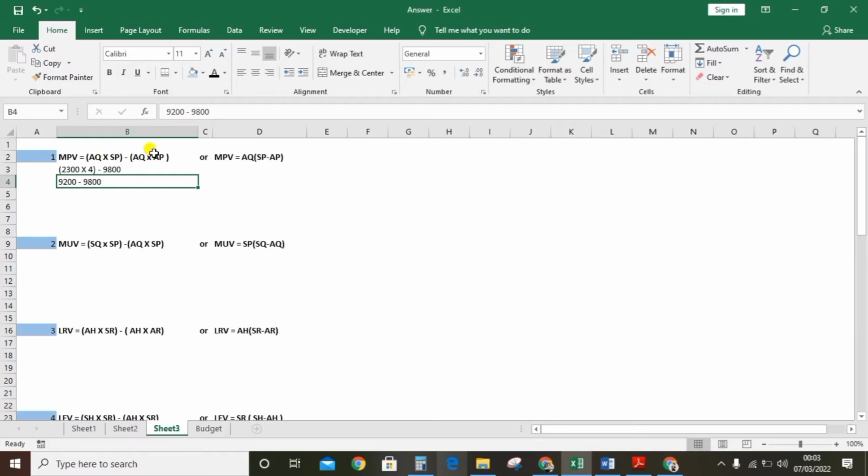SP is standard price, AP is actual price. So 9,200 is the budgeted amount and 9,800 is the actual amount. We estimated 9,200 as the expense, but we spent 9,800. So 600 is more than budgeted, so it is adverse.